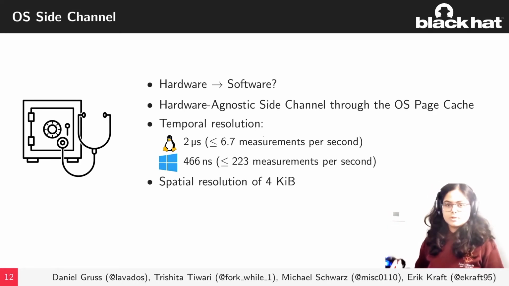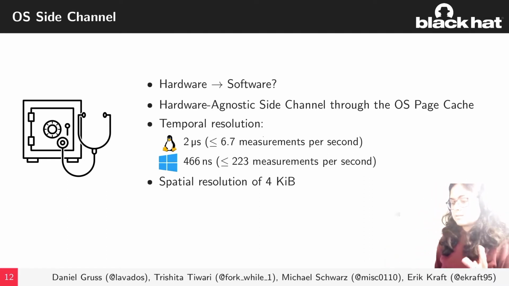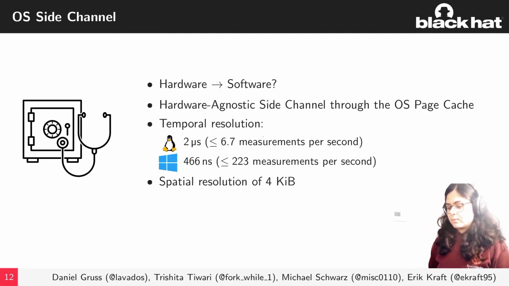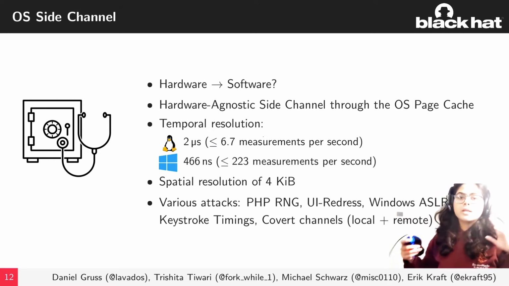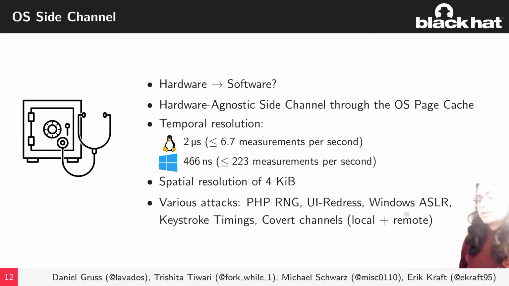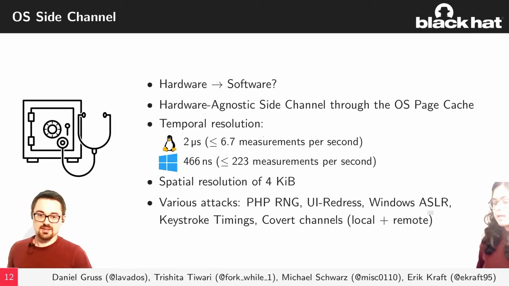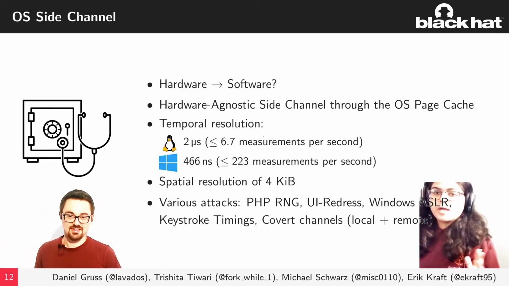And a spatial resolution, since it's a page cache attack, of 1 page, which is 4 kilobytes. And we can do very different types of attacks through this: PHP random number generator attacks, UI redressing attacks, breaking ASLR, keystroke timing attacks, you name it. Covert channels, we have it all.